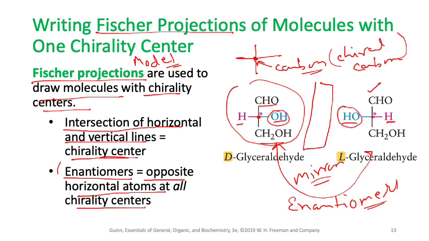So it doesn't matter how many chiral centers you have in that molecule, if all the chiral centers have the atom or group on the opposite side compared to the original molecule in the mirror image, that means those two molecules are enantiomers of each other, right? We'll take some examples later on, but this is a concept that you need to understand right now.